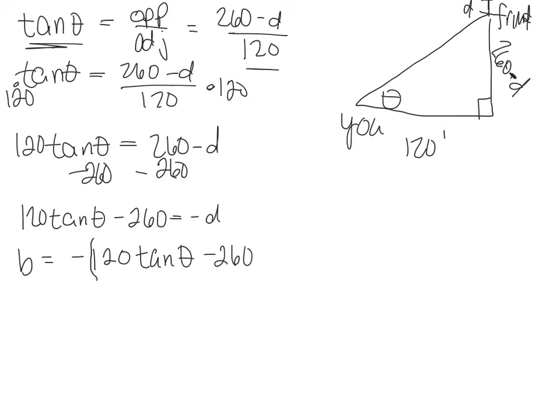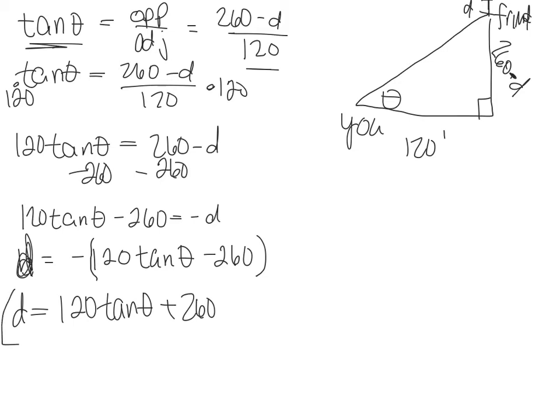Actually, it would be like this. So if I took away, I wrote d, I put b. That's hilarious. If I distributed that negative, I get 120 tan theta plus 260. So that's my function. That's pretty cool.